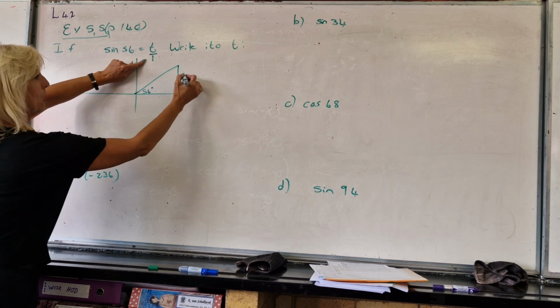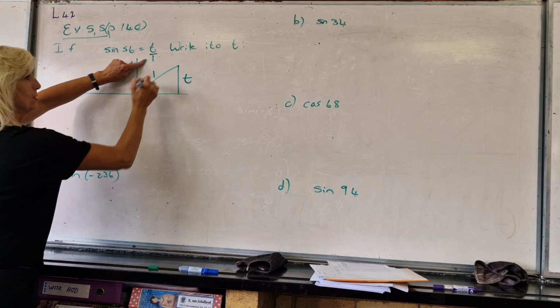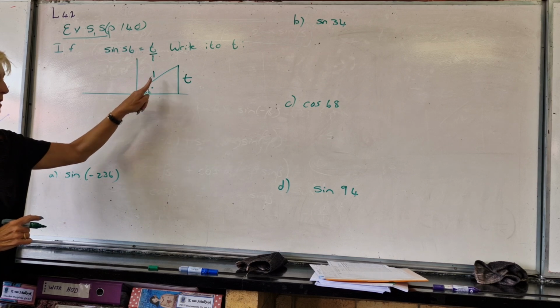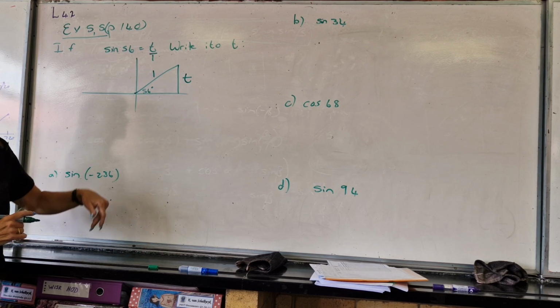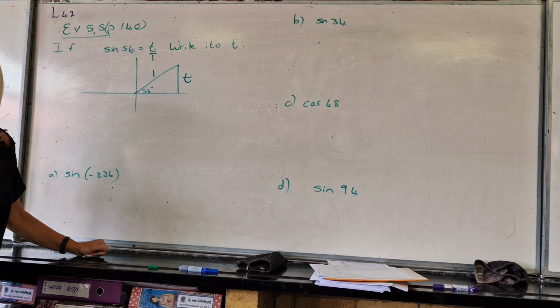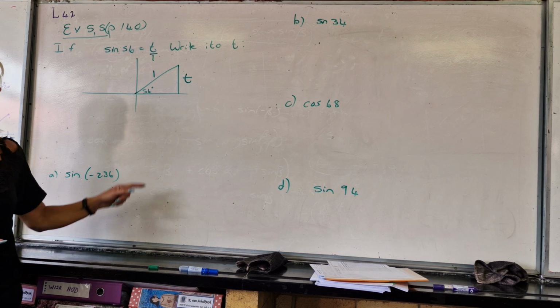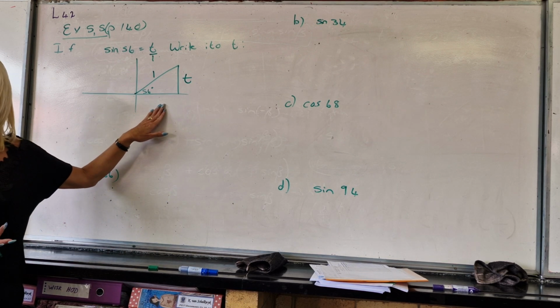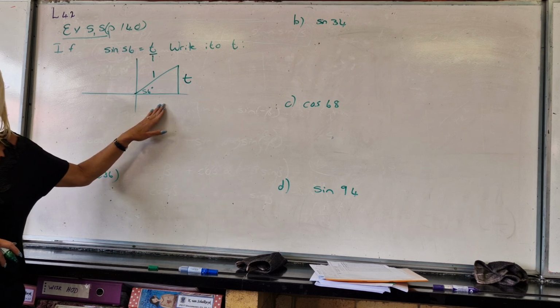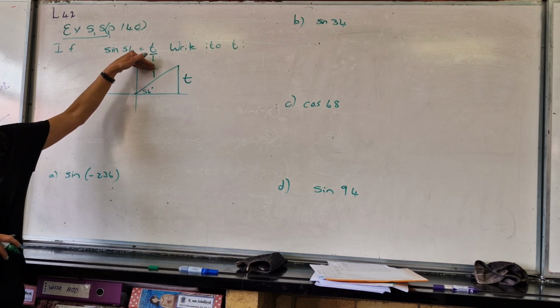So sin being opposite over hypotenuse, meaning that that's my 1, I can then get my third side by using Pythagoras. So the only two things that can happen is either I'm not looking for the hypotenuse side, then it's a minus sum, or I'm looking for the hypotenuse side and it's a plus sum.